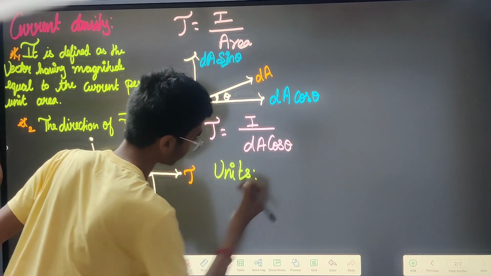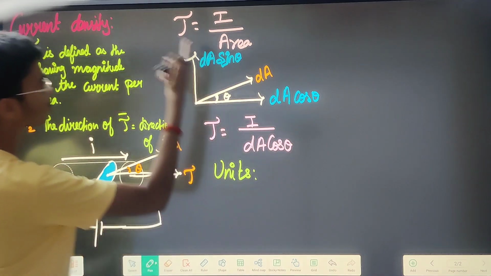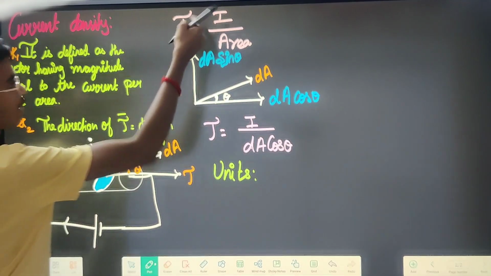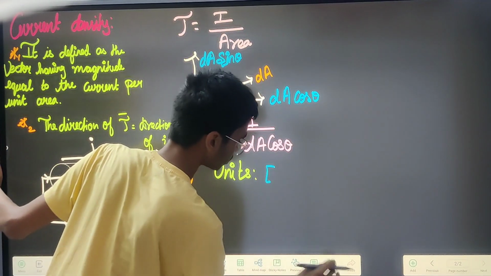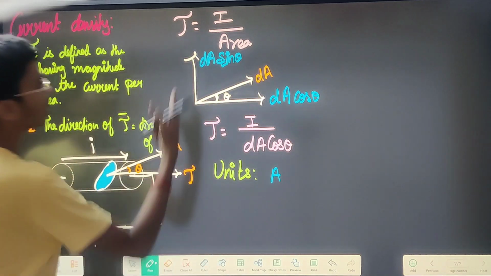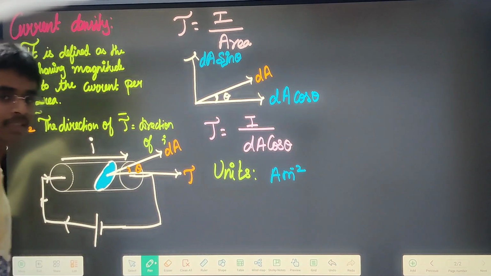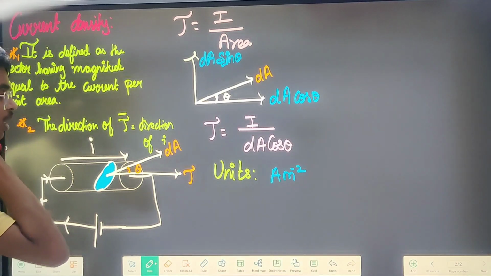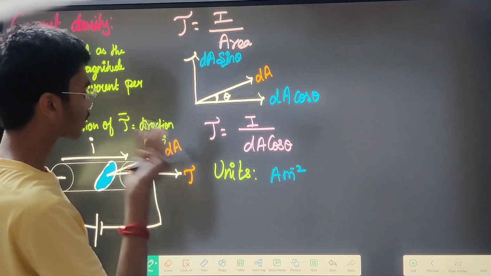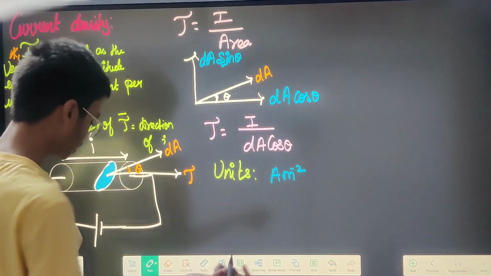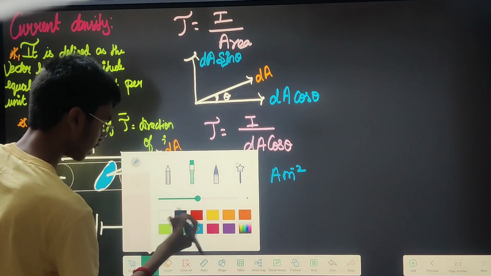If you want the units, very simple, you can easily calculate them. First, what is the formula? You just have to take these two. For current we have ampere. Then for area we have meter square, which will be meter to the power of minus 2. Like this the units are going to be. If you want the dimensional formula, it is also very simple.